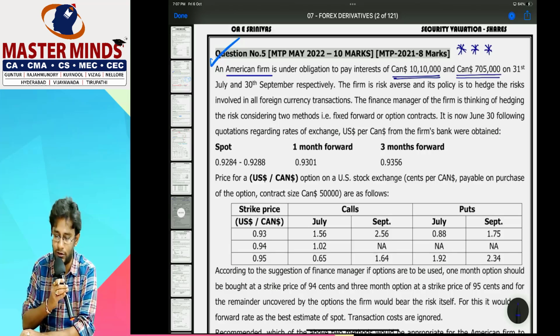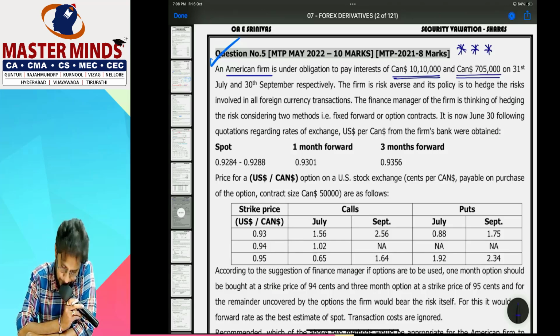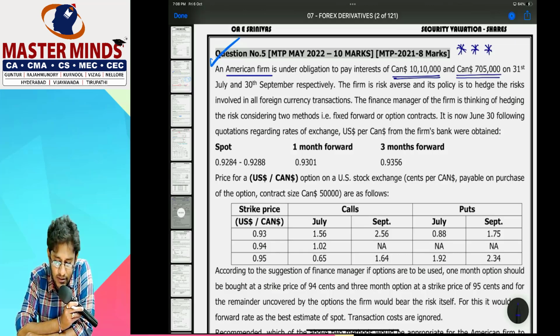The firm is risk averse and its policy is to hedge the risk involved in all foreign currency transactions. The finance manager of the firm is thinking of hedging the risk considering 2 methods, fixed forward or option contracts.